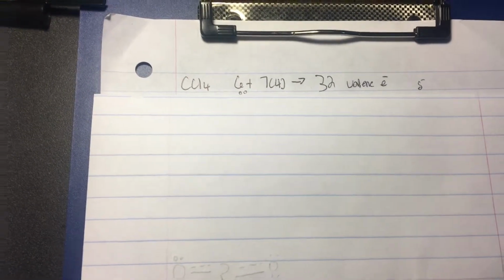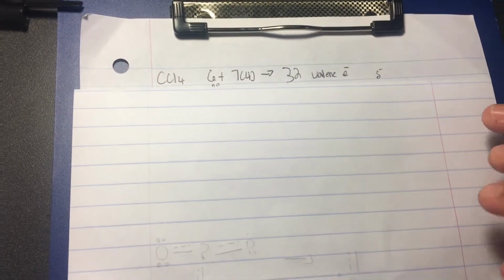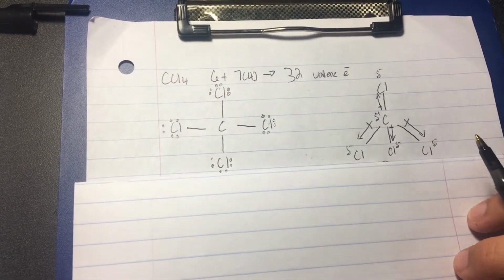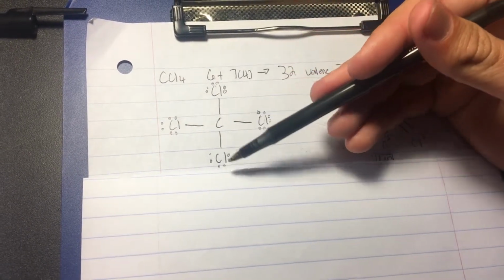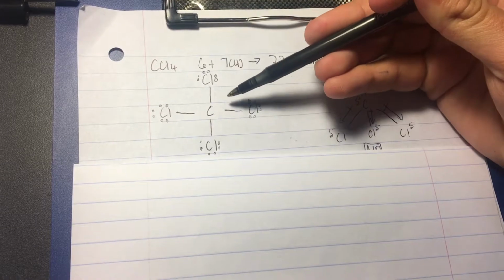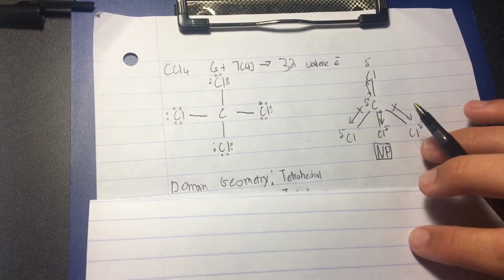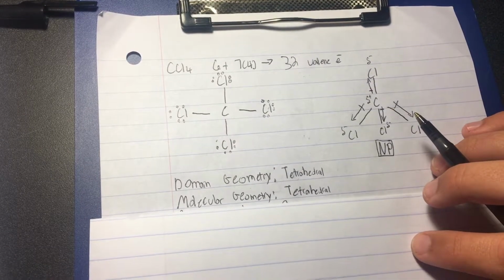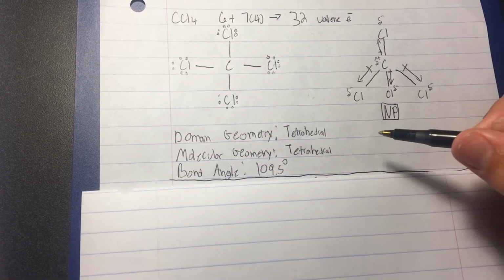Next up is carbon tetrachloride, and it has 32 valence electrons. Its Lewis structure looks like so, having a full octet on every single atom, and its domain geometry is tetrahedral, as is its molecular geometry, having a bond angle of 109.5 degrees.